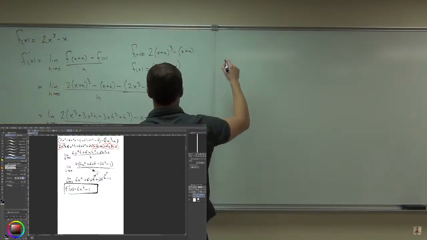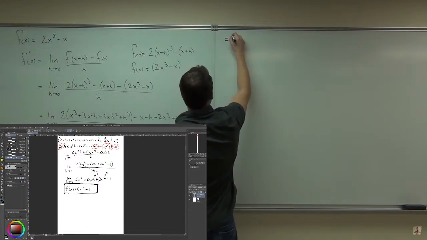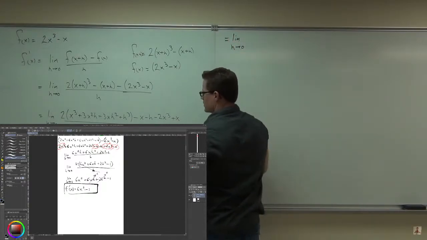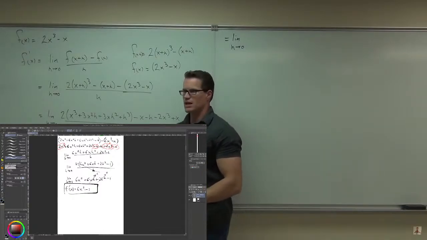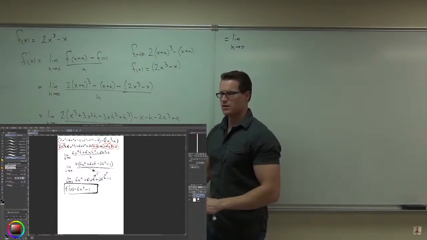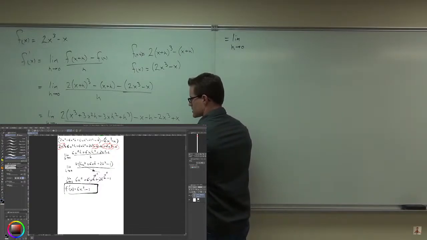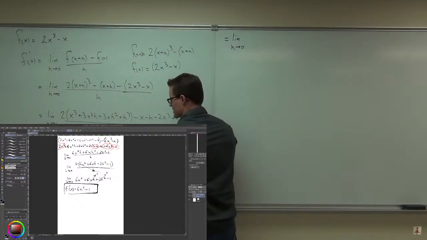So I'm going to work over here. This gives us a limit as h goes to 0 of, would you mind if I factored out an h as we went? You okay with that? So I'm going to factor out h, and these are our remaining terms: negative h, 2h cubed, 6x h squared, 6x squared h.